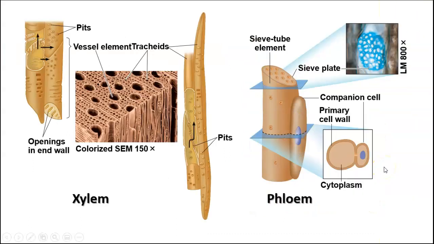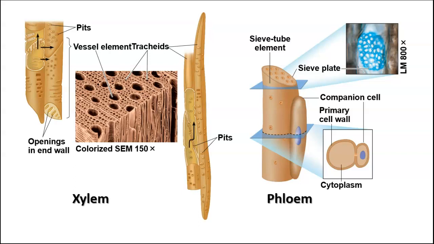Here we have some pictures that show you the elements that are found in the xylem. Xylem is mostly composed of dead cells, basically just hollow tubes, that allow for the transport of water from the roots to the stem and the rest of the plant. Vessel elements and tracheids are the two kinds of cells that you find, and they're all dead cells.